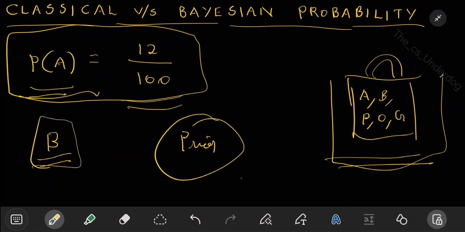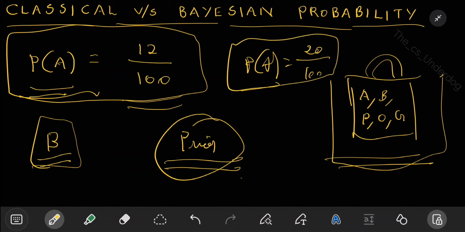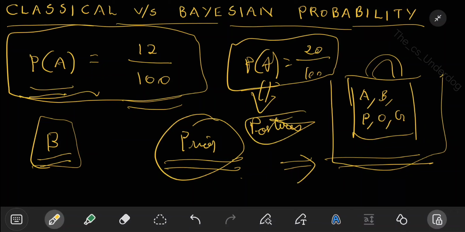Instead, if you are using a Bayesian approach, first you will have a prior. That is, before you start this experiment, you will say, I am fixing some prior probabilities. That is probability of picking an apple. Let's say I am picking it as 20 by 100. This is my prior probability. Then based on whatever I see or whatever data I have, I'll modify my prior probability in order to find posterior. This is what I do in Bayesian approach.